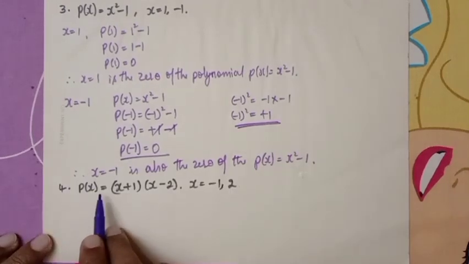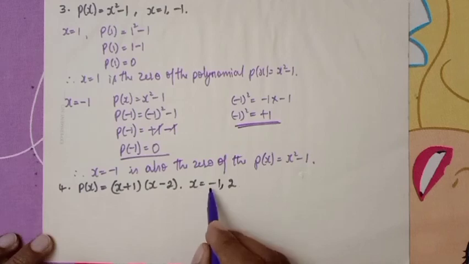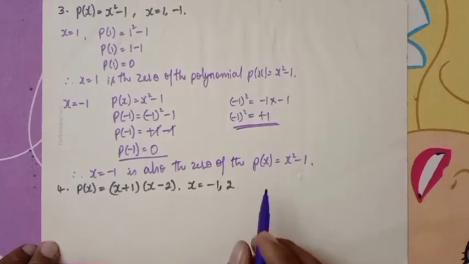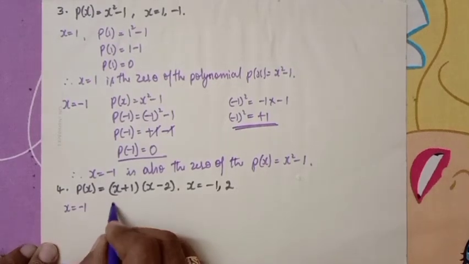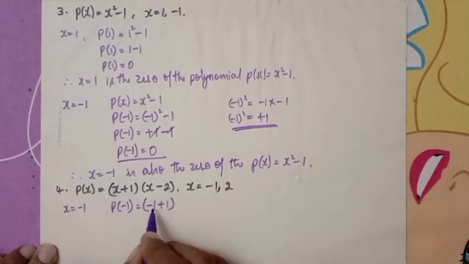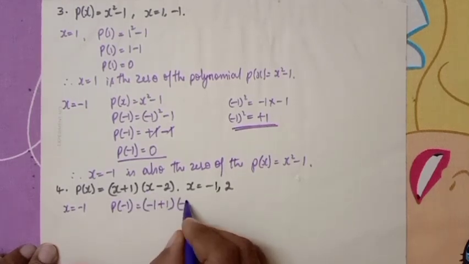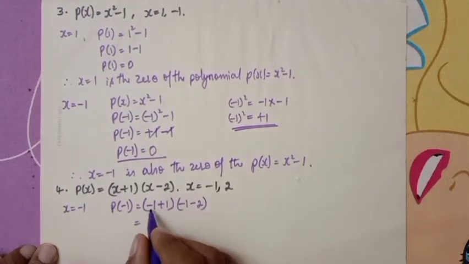Next problem, p of x is equal to x plus 1 into x minus 2 at x is equal to minus 1 and x is equal to 2. Firstly, we will consider x is equal to minus 1. So, p of minus 1 is equal to minus 1 plus 1. In place of x, we write minus 1, and likewise, in place of x, we write minus 1, minus 2. So, the value is minus 1 plus 1, so these two cancel.